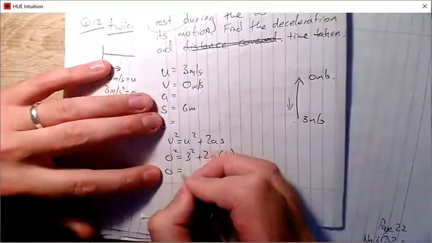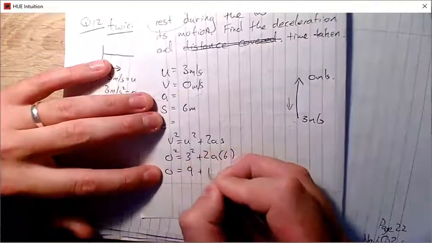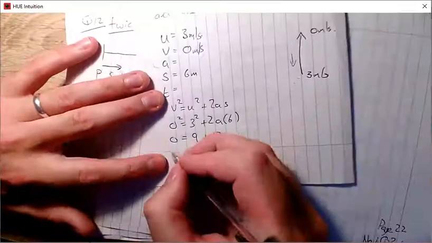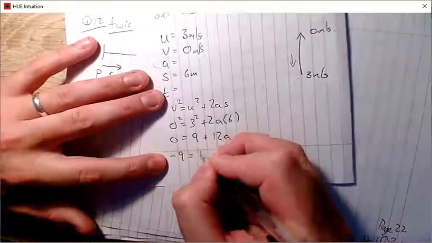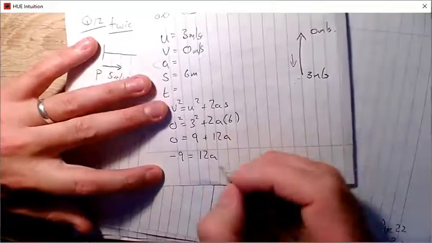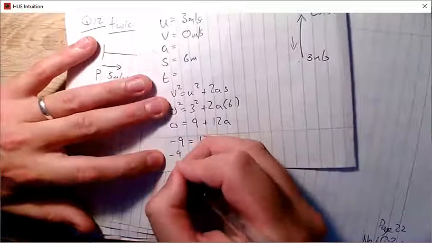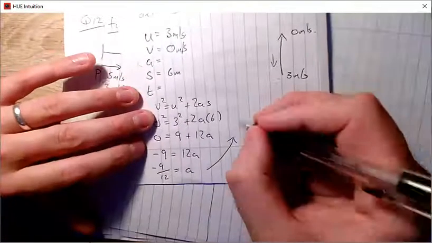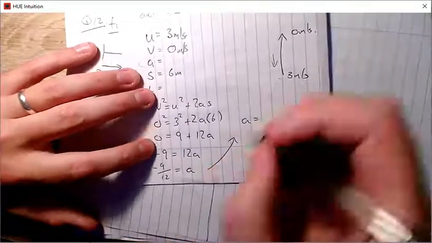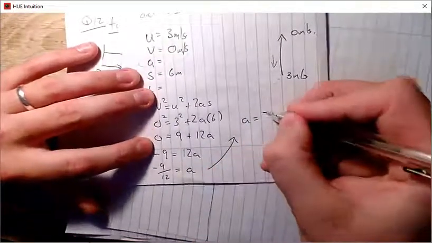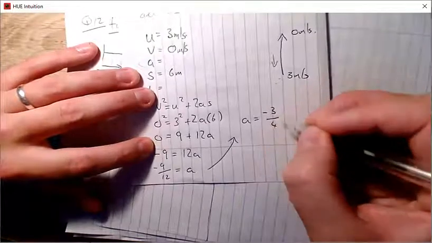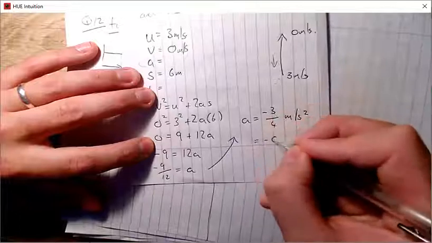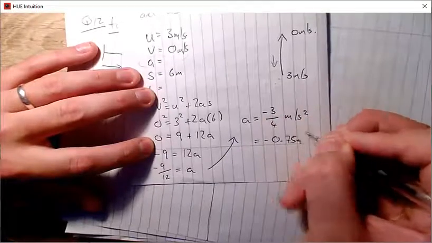Okay, so that's 0 is 9 plus 12a. If I move that 9 over, I get negative 9 equals 12a. And then if I divide through, negative 9 over 12 equals a. Negative 9 over 12 has a common denominator of 3, so that's minus 3 over 4 meters per second squared, or minus 0.75 meters per second squared.